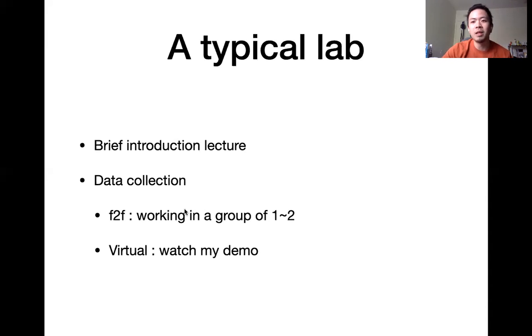If you're taking a virtual lab like this week, I'll do the data collection for you, and I'll have a demo video to let you visualize how it looks, to preserve as much hands-on experience as I can.